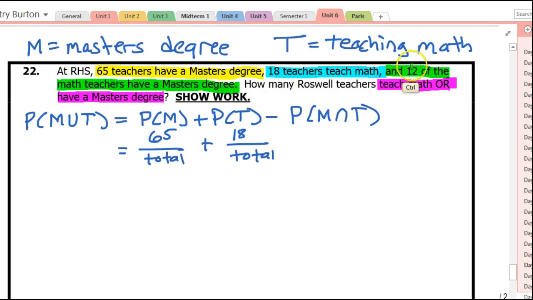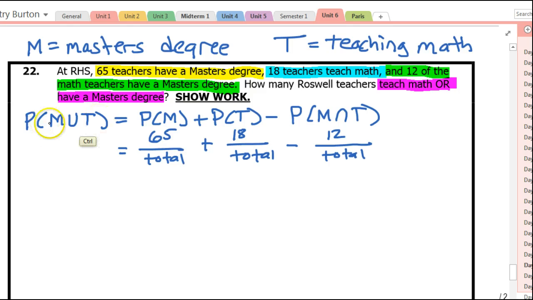But if they say 12 math teachers have a master's degree, can you see that it's both at the same time? These are math teachers and they have a master's degree. So that's really an and situation here. And there's 12 of them. So that's the and happening. So I'm going to put minus 12, okay, again over the total.